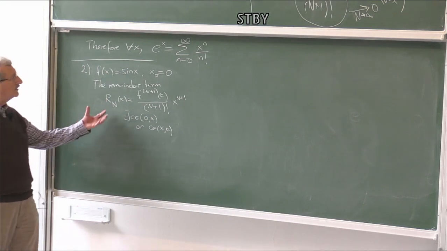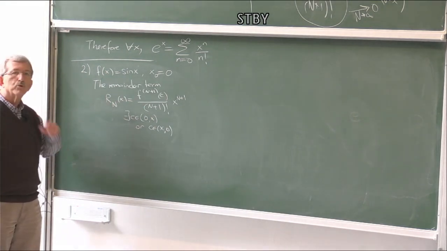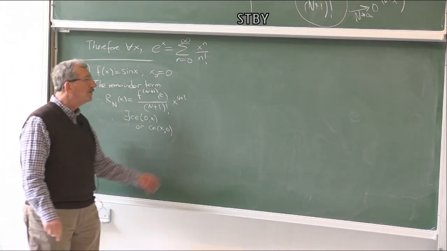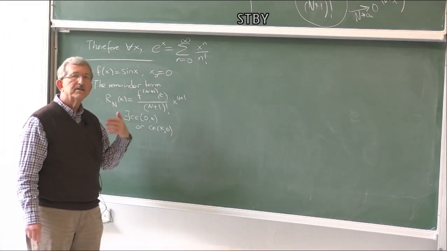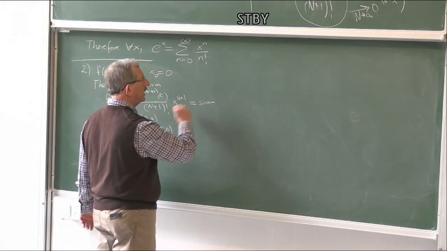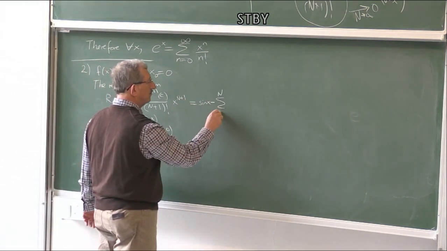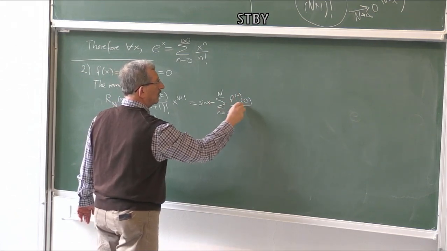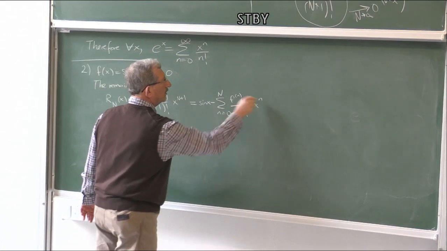The question is, does this go to 0 when n goes to infinity? Because this is precisely the difference between the Taylor series and sine x. And this is sine x minus the sum of this.